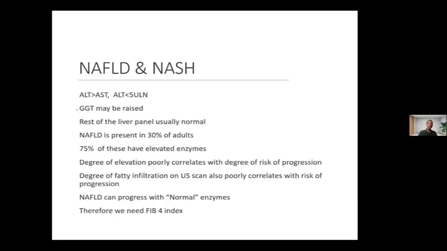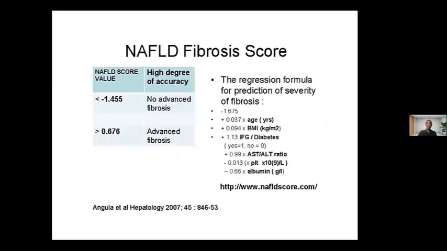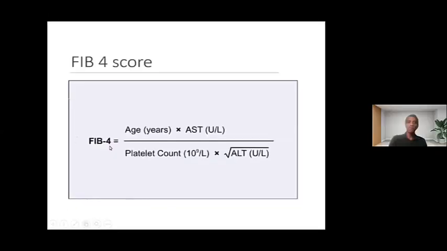So in that case we need other objective measures like the NAFLD fibrosis score or the FIB-4 score. FIB-4 is a very simple bedside index where you need only the age, AST, platelet count, and the ALT. By doing that, you can diagnose whether the patient has any underlying fibrosis without going for invasive procedures like liver biopsy or other scans like transient elastography.